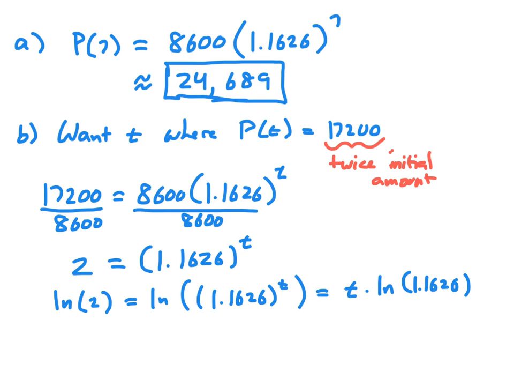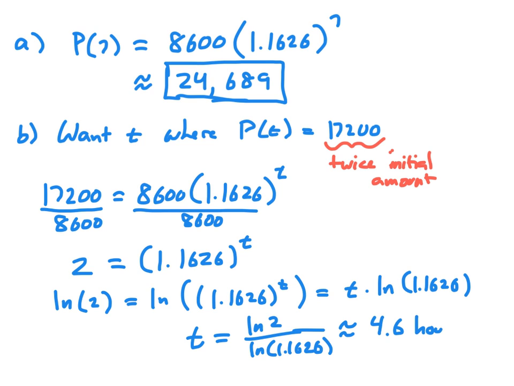So dividing by the natural log of 1.1626, we see that t is going to be the natural log of 2 divided by the natural log of 1.1626. And according to a calculator, this is approximately 4.6 hours. So it will take this bacteria culture a little over 4.5 hours, 4.6 hours, in order to reach twice the initial amount of bacteria.